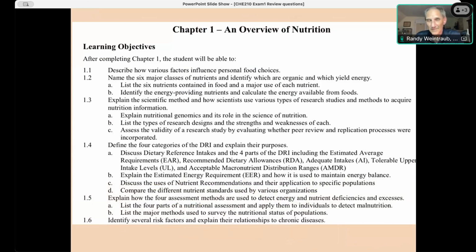If you've read the chapter, thought about it, and done MindTap, most of it should be familiar. Sometimes it's a little more detailed than I'd expect you to respond with in an essay type question, but it's good to go through this for each of the chapters. So a good thing to look at.